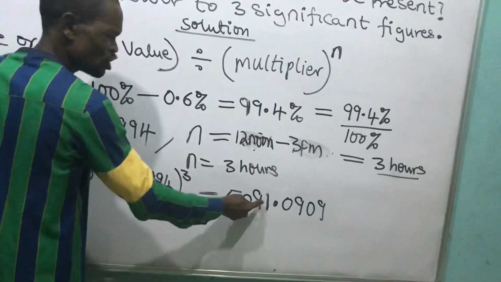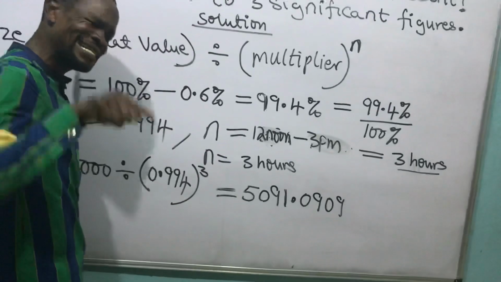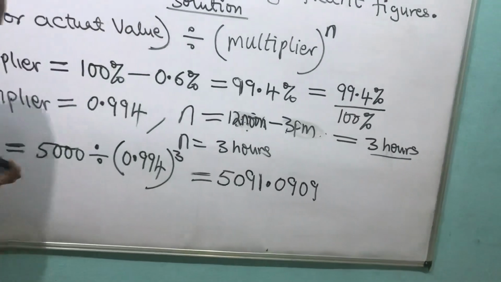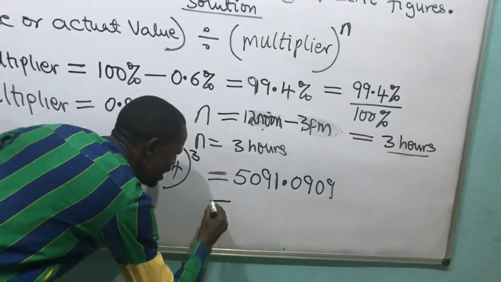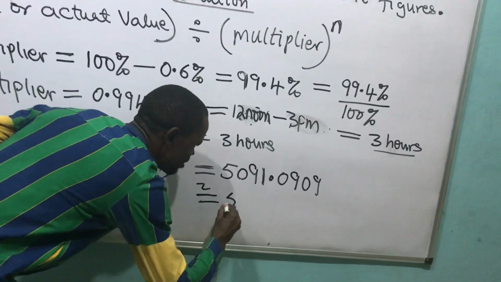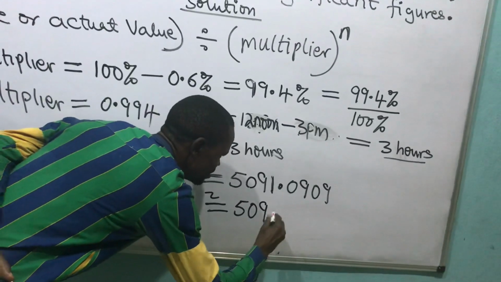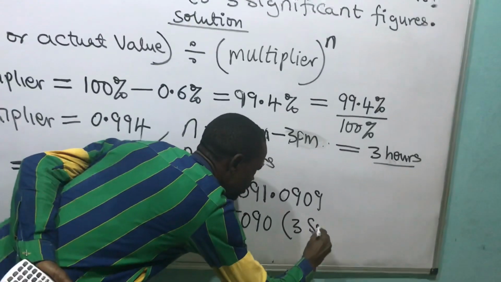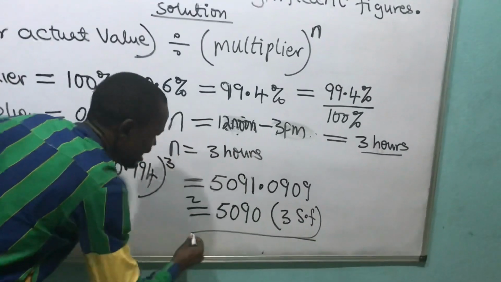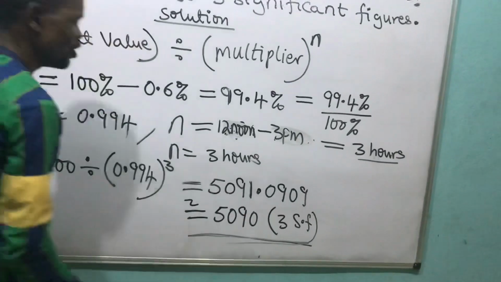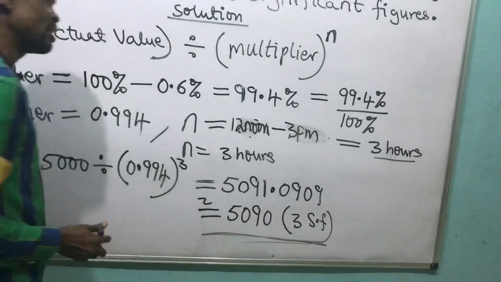But since it's not up to 5, I'm going to round it down. Rounding it down means making it 0. So my final answer, in 3 significant figures, becomes 5,090. That's the answer. The answer is about 5,090 bacteria in 3 significant figures.